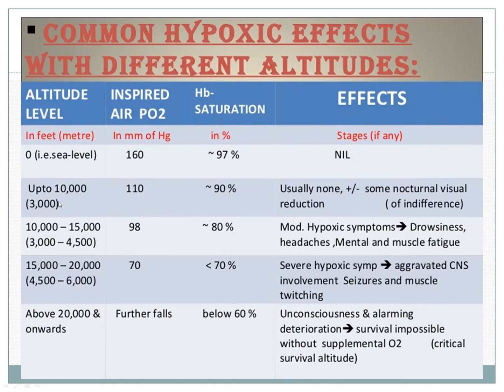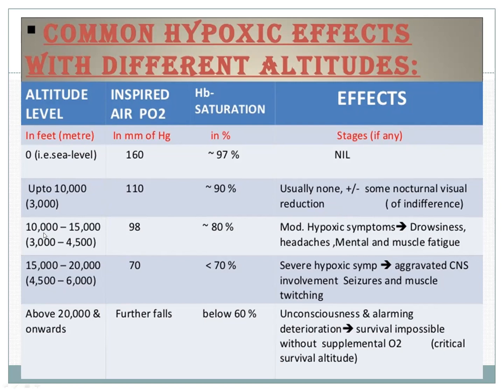If we are ascending up to 10,000 feet, the pressure will decrease to 110, but still the saturation is 90%, so it is a safety zone, a buffer zone, so no complications are seen, but sometimes nocturnal visual reduction can be seen.